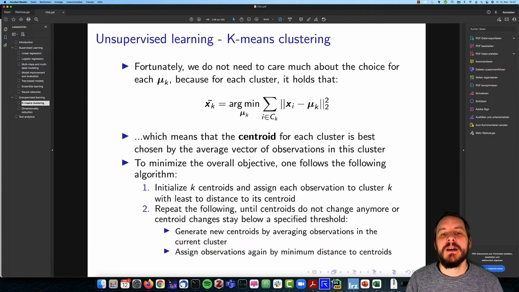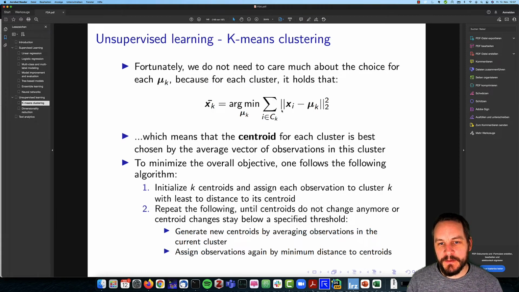Okay. Definitely, this is going to be much easier if we take a look at an example right now. But for the moment, let me just also add this note here, what I already discussed so far. Also formally, usually we never need to care about finding the optimal centroid.